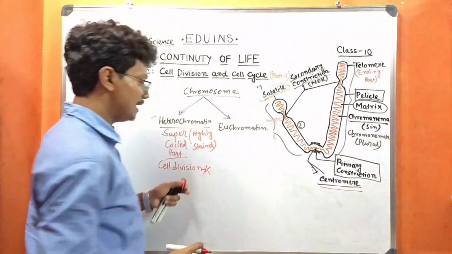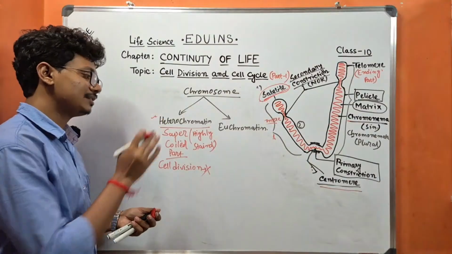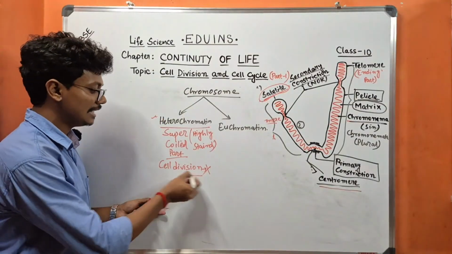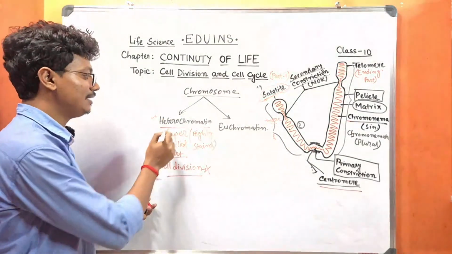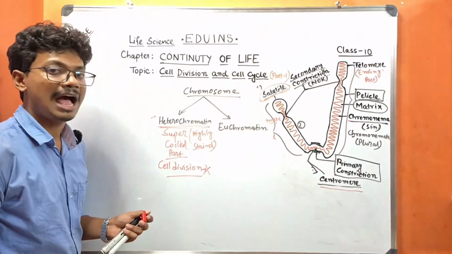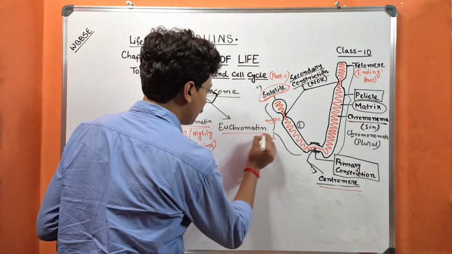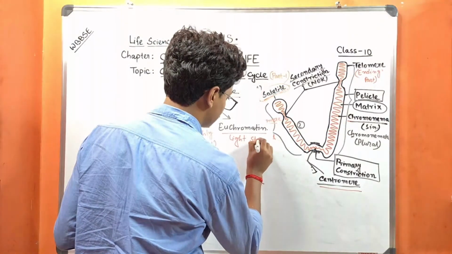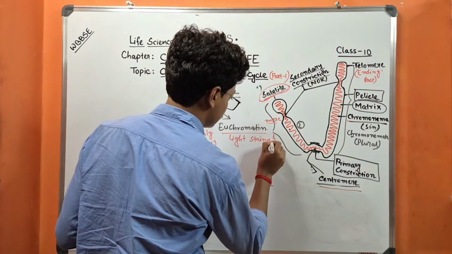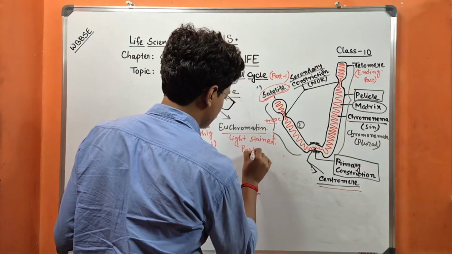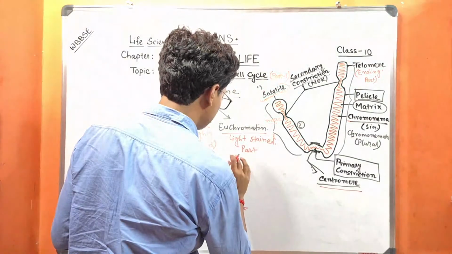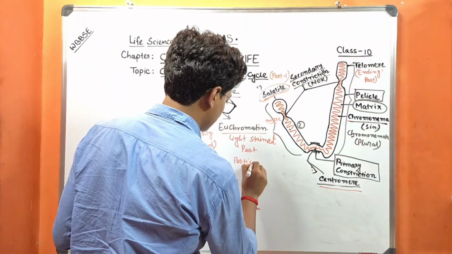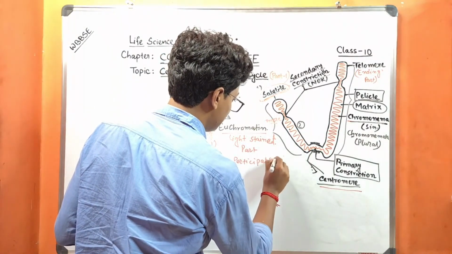It is highly stained. If I fix a cell in the cell division condition and stain it, this part will be stained highly, and euchromatin is the lightly stained part. And it participates in cell division.